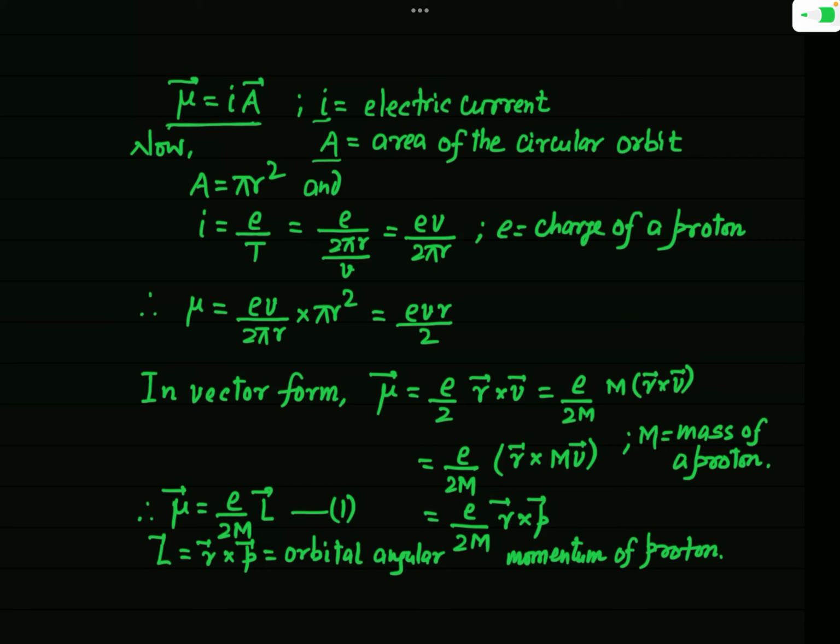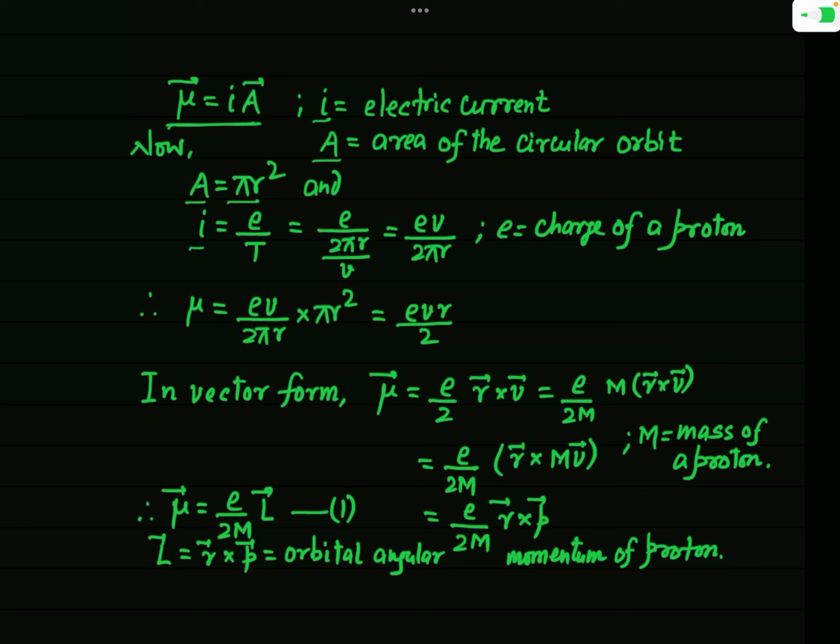Now, as I have considered that this orbit is circular and its radius is r, the area A will be equal to simply pi r squared. And what will be the current I?